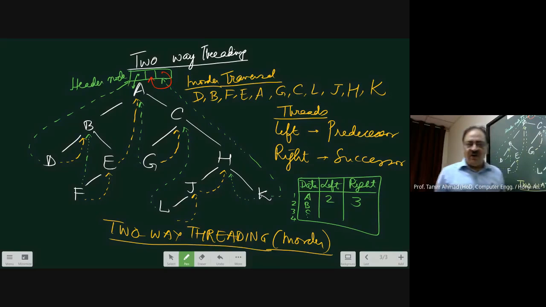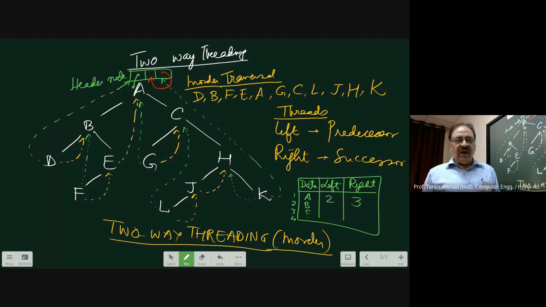Now try to see how intelligently it is being done. I put all of the data, A, B, C, D, and whatever is there, and then the left of A is B, the index of B is 2, so I put 2. The right of A is C, the index of this is 3, therefore I put 3.